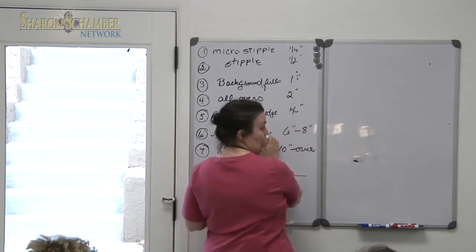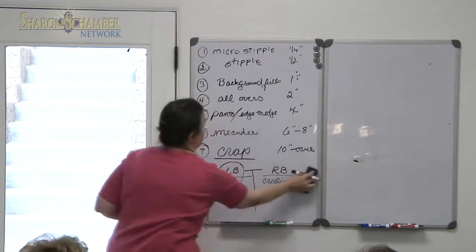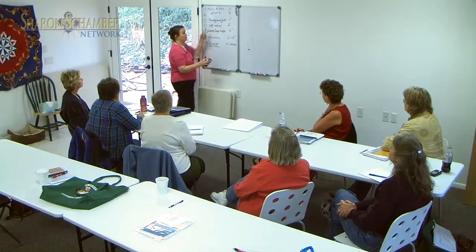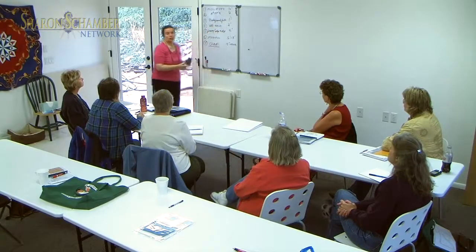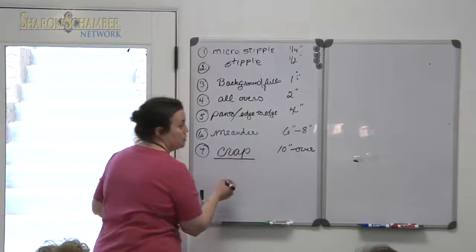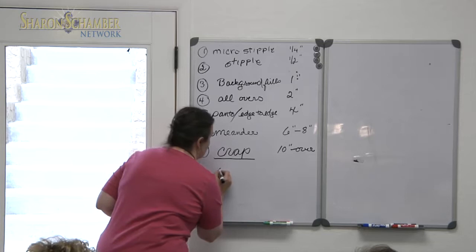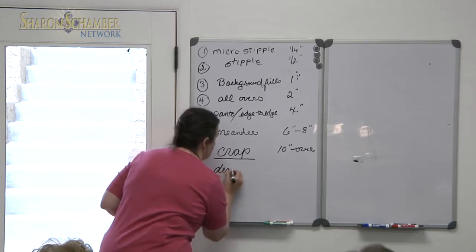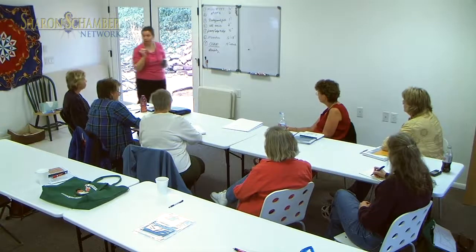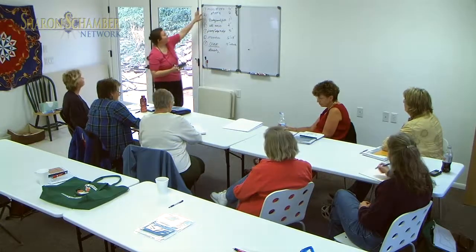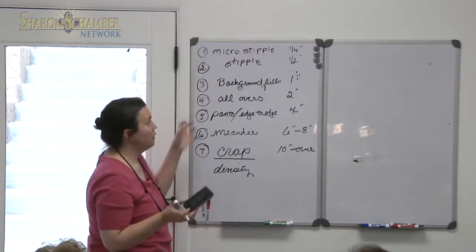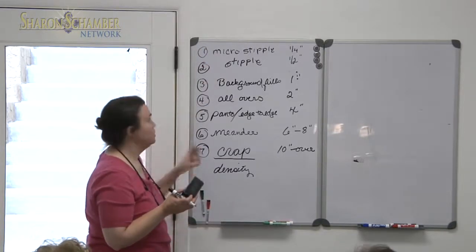We have size, which equals what? Density. Does that make sense? So microstipple would be dense, right? Stipple would be a little bit less dense.